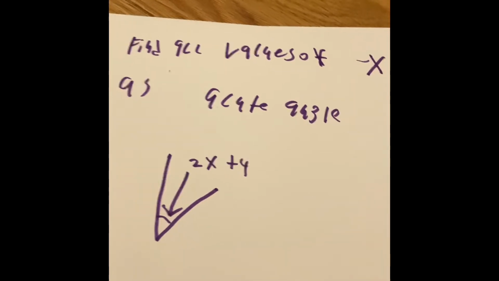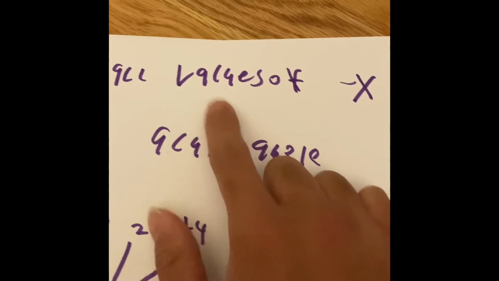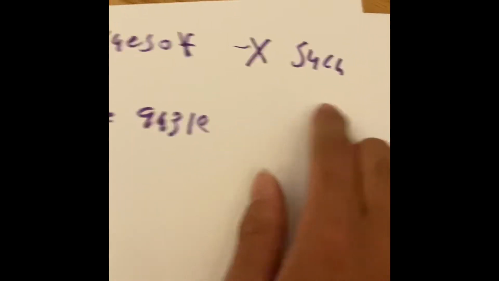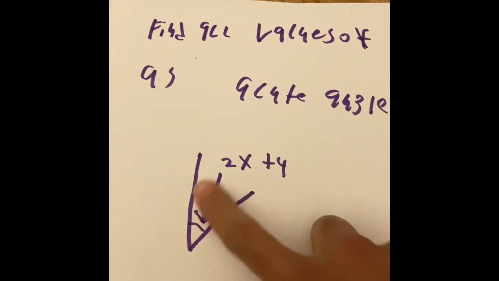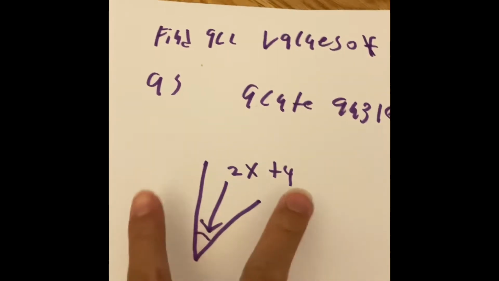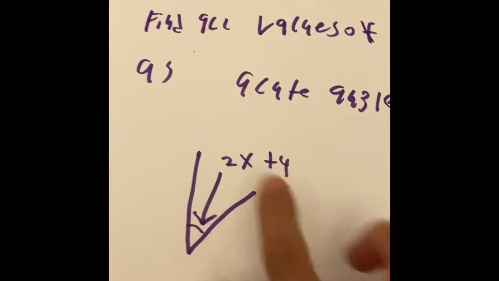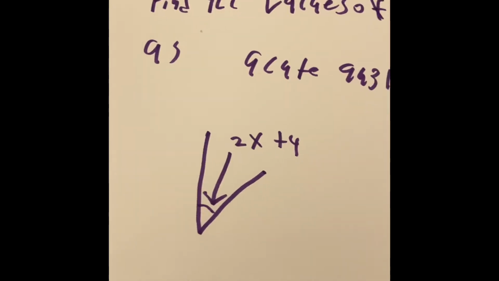So the main objective is to find all the values of x such that this is an acute angle. This is the angle, how wide these two lines are away from each other. And our equation is 2x plus 4.